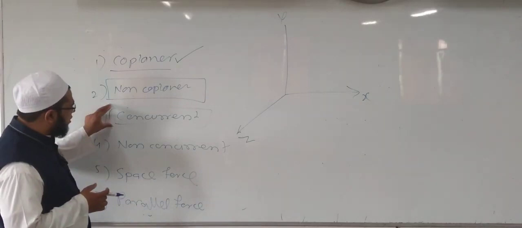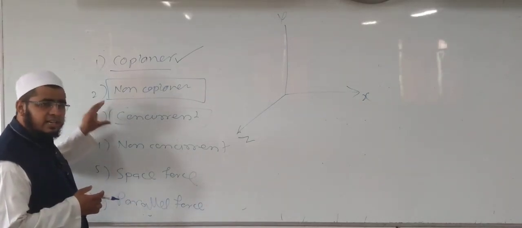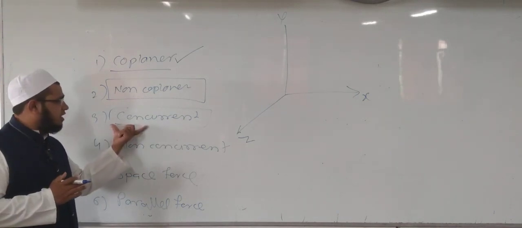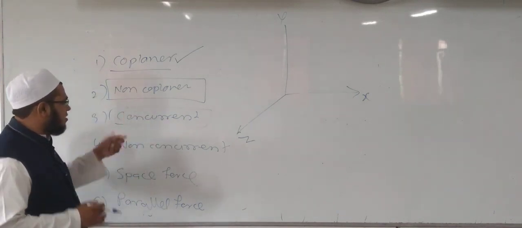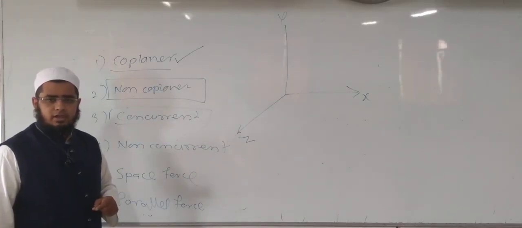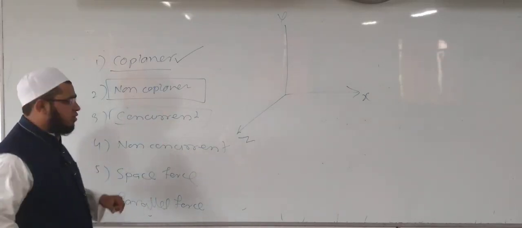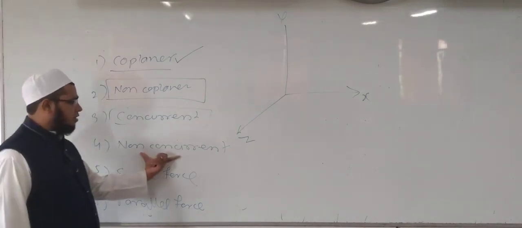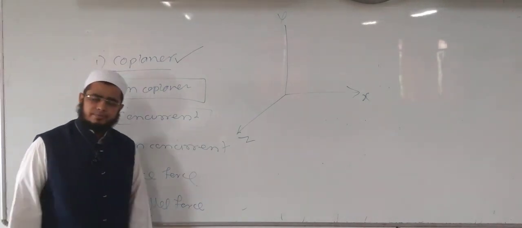Whenever the point of application of forces is a single point, then it is called a concurrent force system. And when the points of application of forces are different, it comes under the category of non-concurrent force system.